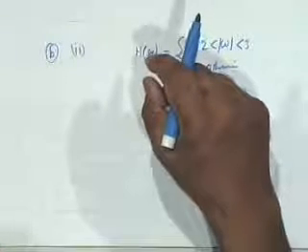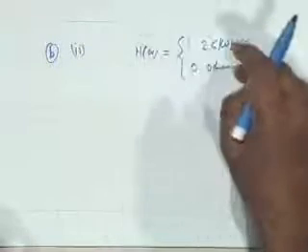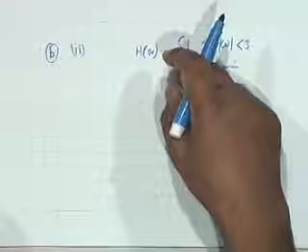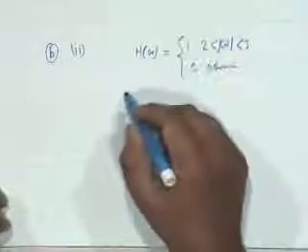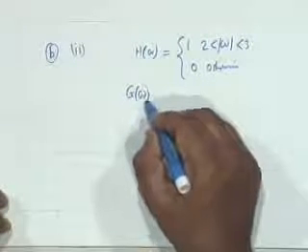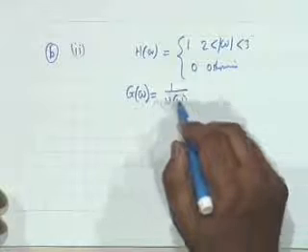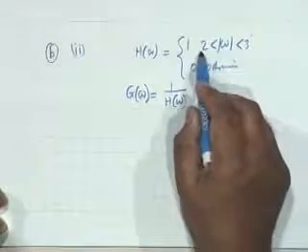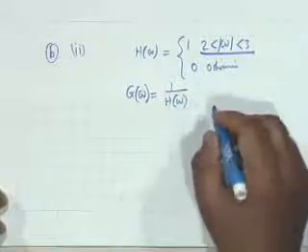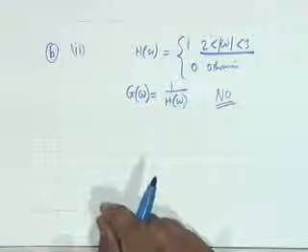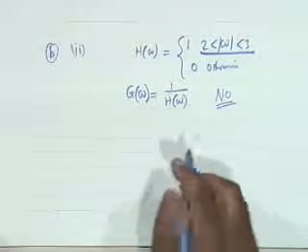Is it possible to design a system which is inverse to this system? Answer? No, because the inverse system should have a frequency response which is 1 by H of omega, and 1 by H of omega is not defined outside this range 2 and 3, and therefore the answer is no. No inverse system can be found out.